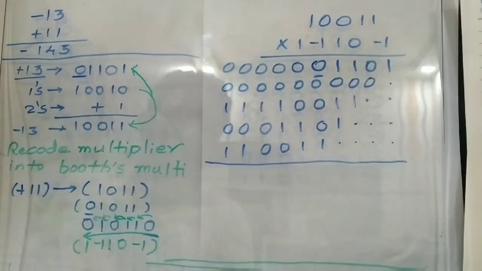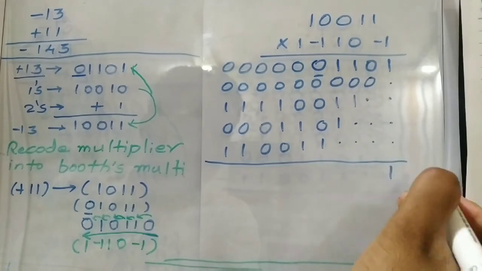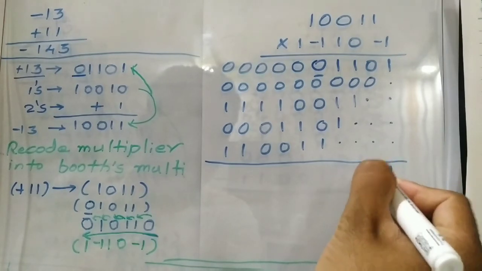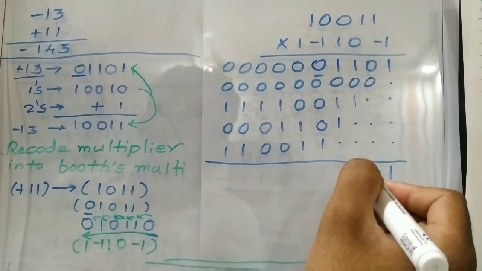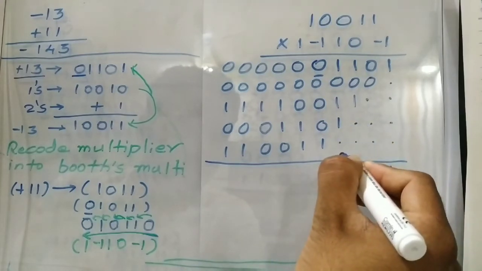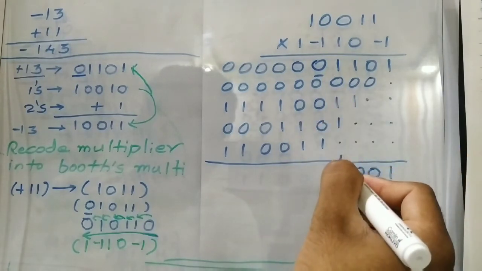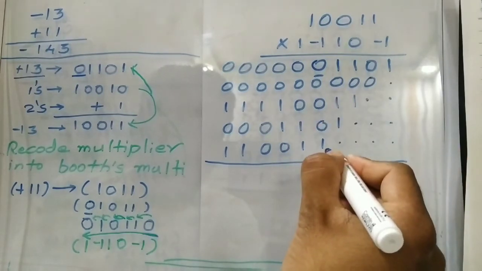So we can add this. At LSB there will be 1, this will be 0, so 1 1 0 and carry 1. There are 4 1s, so we can write 0 and 2 carries here.